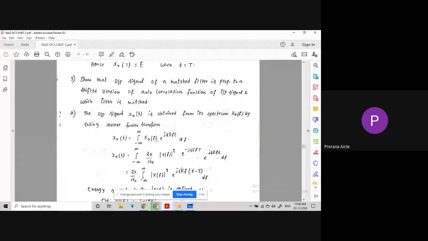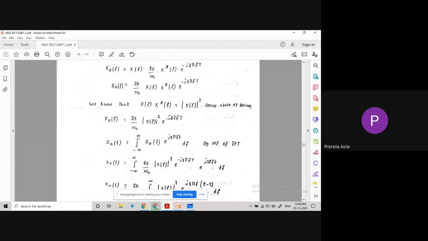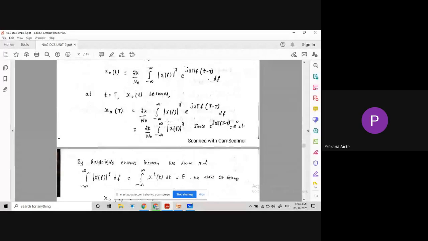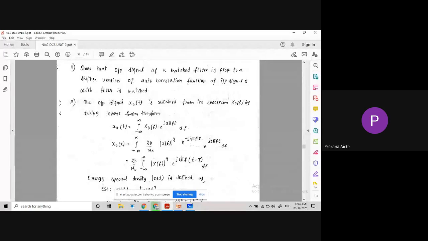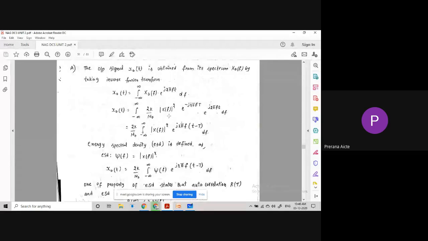We know what X naught of f is. From the second property, we write 2K by N naught into mod X of f whole square e power minus j 2 pi f T. So simply we are replacing that expression. So x naught of t equals 2K by N naught integral minus infinity to infinity mod X of f whole square, taking e power minus j 2 pi f T as common.